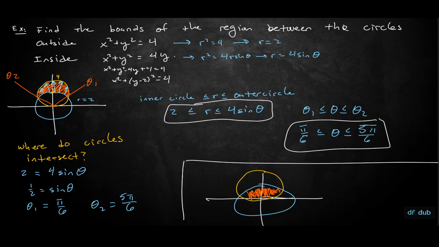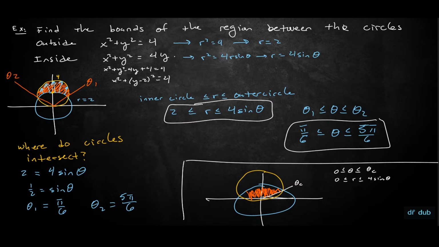We would say that until we got to this point, this theta sub c, so for 0 less than or equal to theta less than or equal to theta sub c, which we know already is pi over 6, r goes from 0 to 4 sine theta.